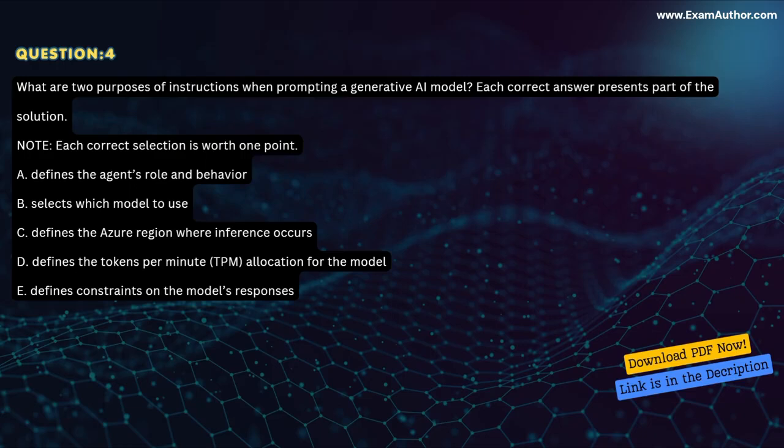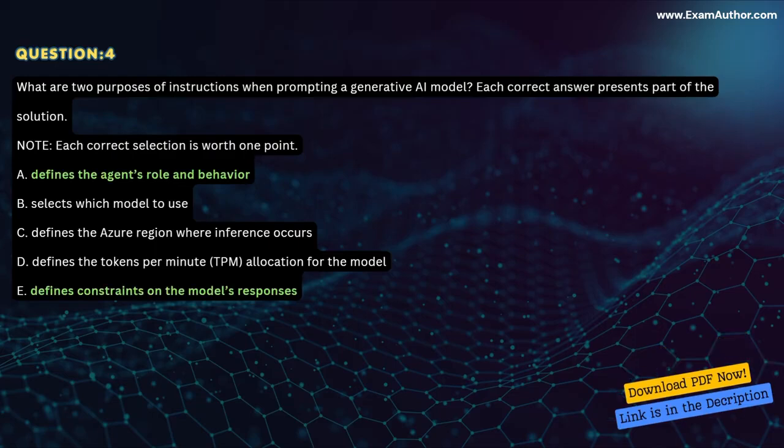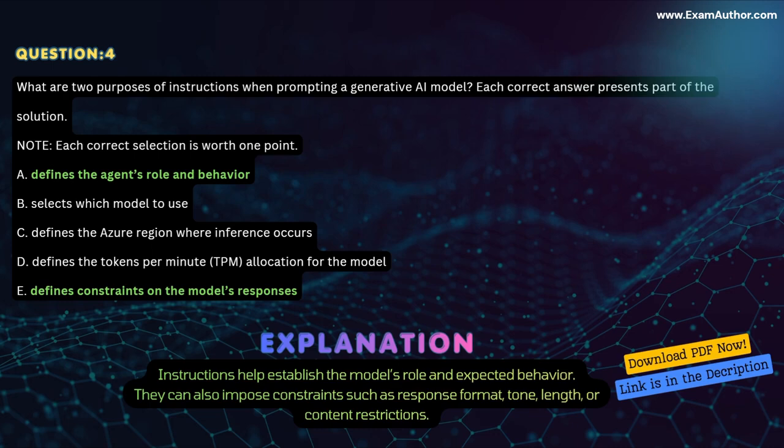D. Defines the tokens per minute (TPM) allocation for the model. E. Defines constraints on the model's responses. Answer A and E. Explanation. Instructions help establish the model's role and expected behavior. They can also impose constraints such as response format, tone, length, or content restrictions.